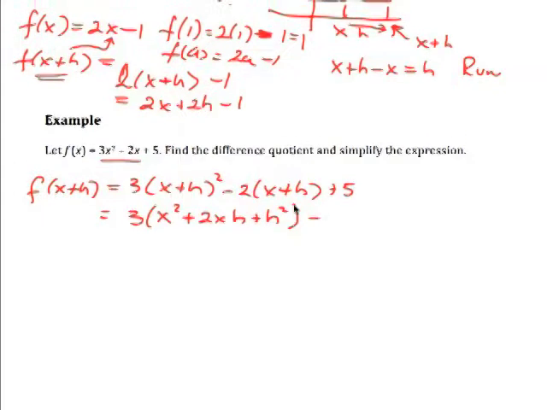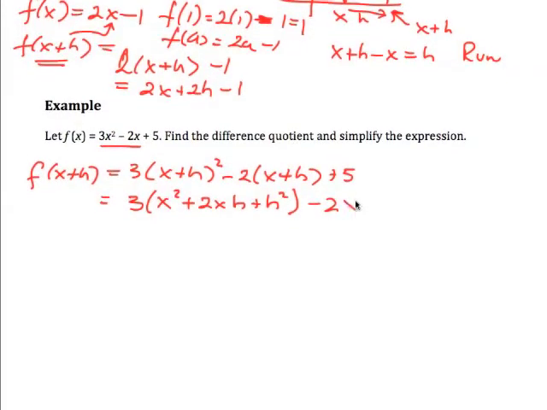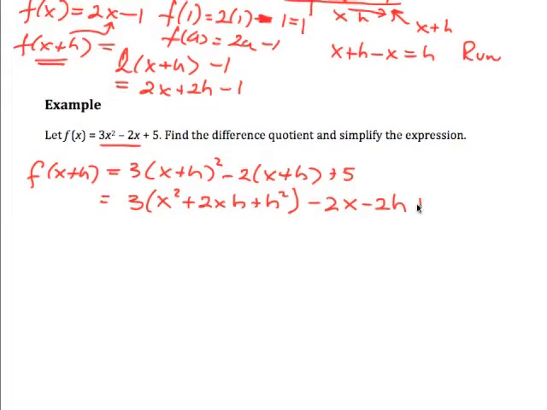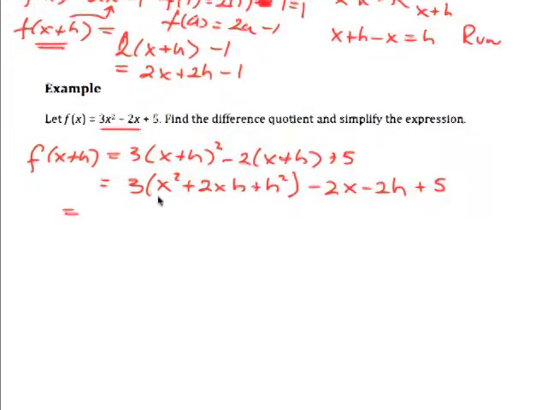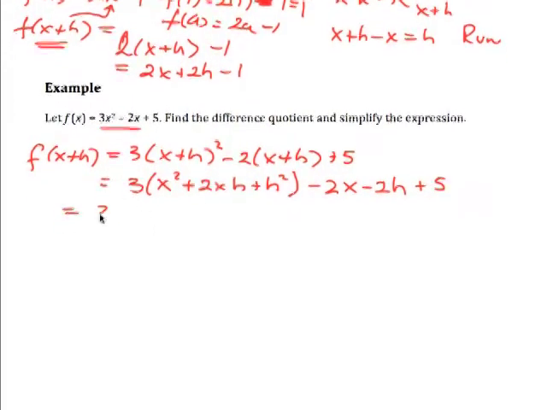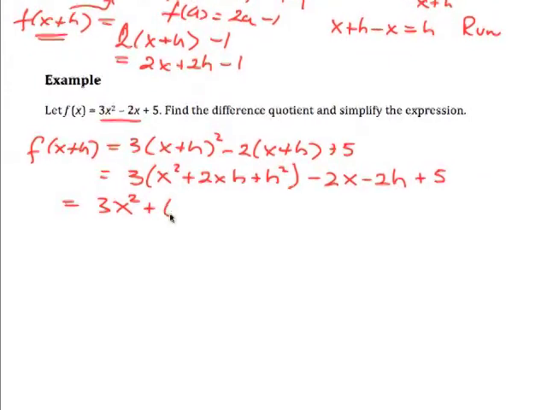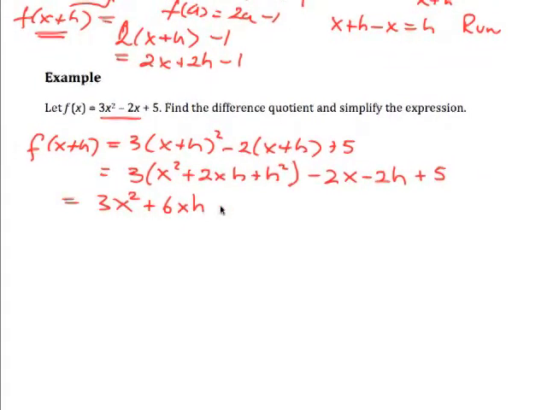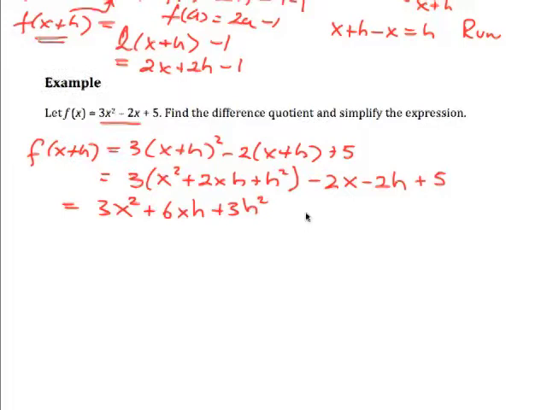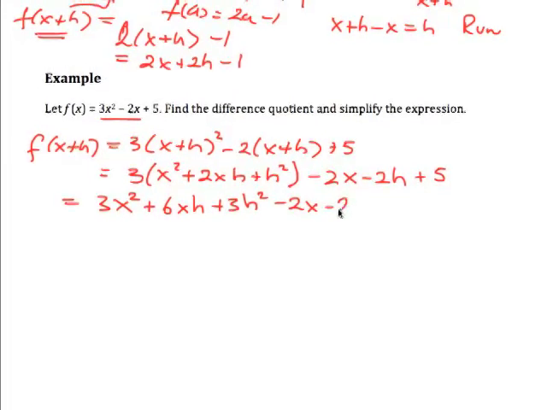And I distribute the 2 here, negative 2, so I get negative 2x subtract 2h plus 5. And when I distribute the 3, I get 3x squared plus 6xh plus 3h squared minus 2x minus 2h plus 5.